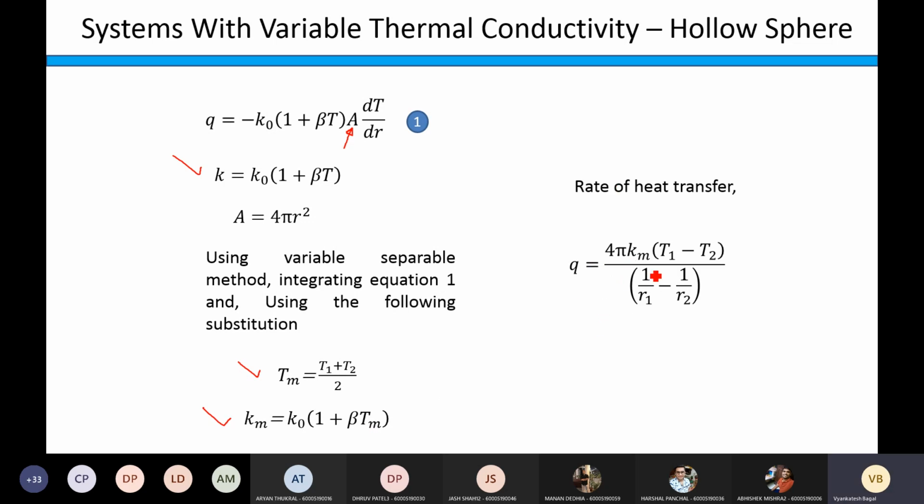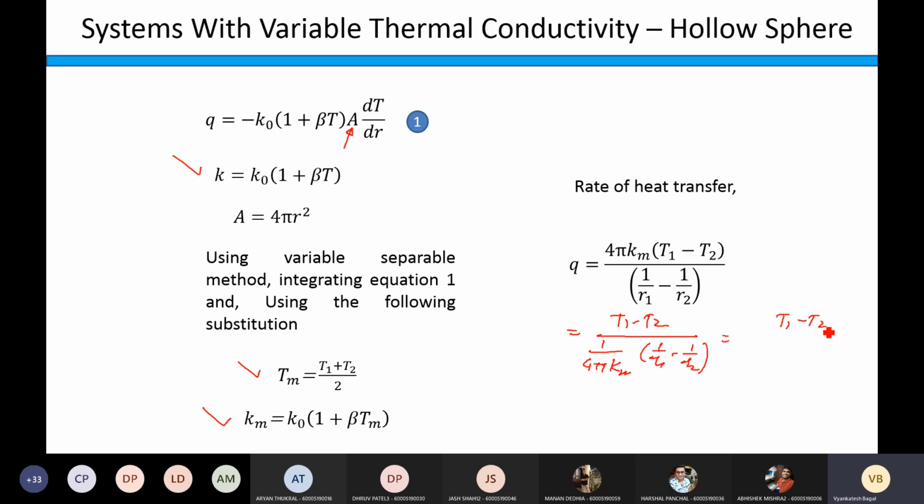Q is 4 pi Km (T1 minus T2) upon this term. Or you can write this equation as Q is equal to (T1 minus T2) whole divided by 1 upon 4 pi Km (1 upon R1 minus 1 upon R2).